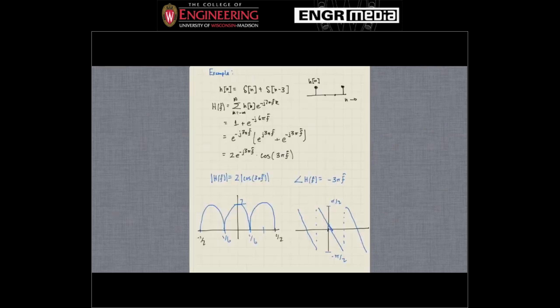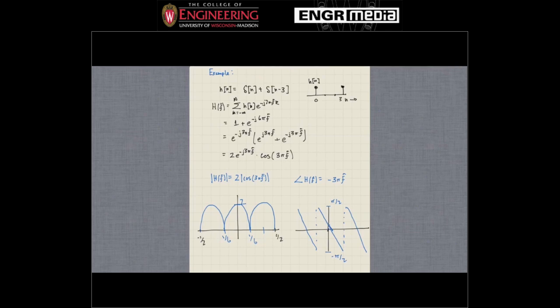So I want to do very briefly one more example, a slightly more complicated one. Now we take the impulse response to have non-zero values for n equals 0 and n equals 3. That's given by that expression there.